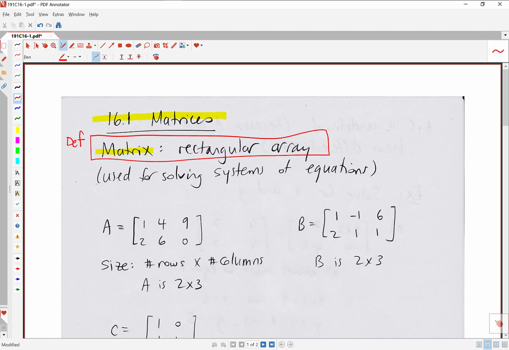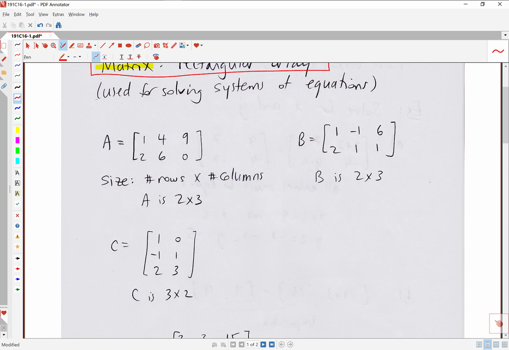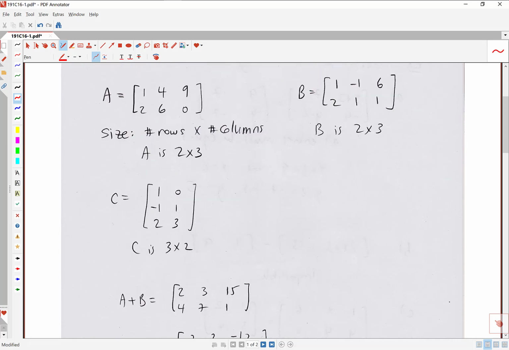So let's see some examples of matrices. We almost always call matrices by capital letter names. So we've got matrix A here, and we can talk about the size of a matrix. So let's make a definition. We'll say that the size is the number of rows times the number of columns. So if we look at how many rows A has, it's got 2 rows, it's got 3 columns.